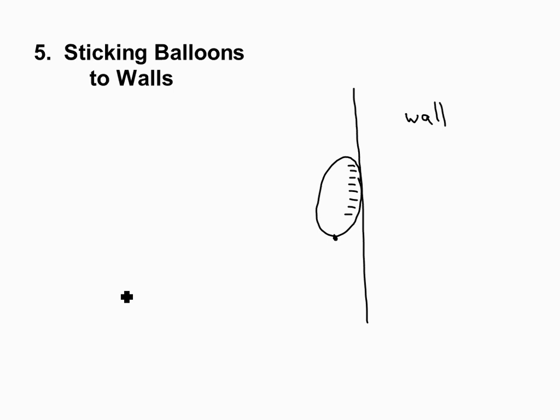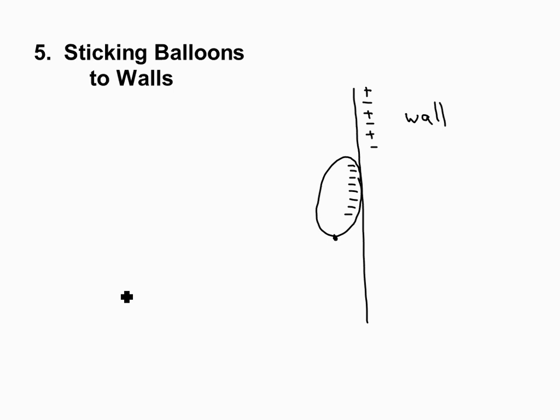And in the wall, there are pluses and minuses because the wall is neutral. All right? So notice way up top here, away from the balloon, I'm putting plus, minus, because it's neutral.